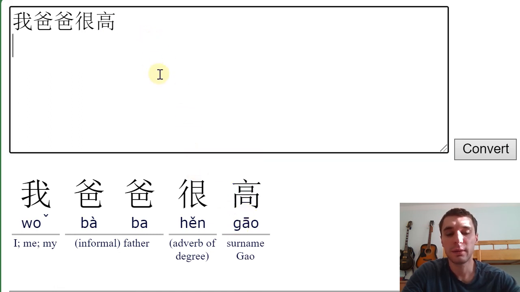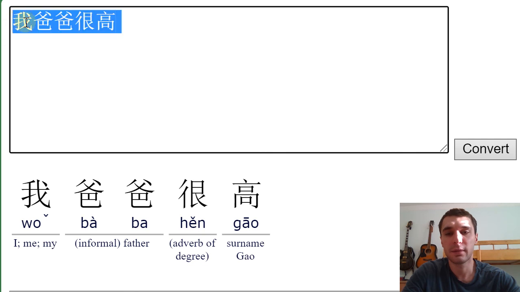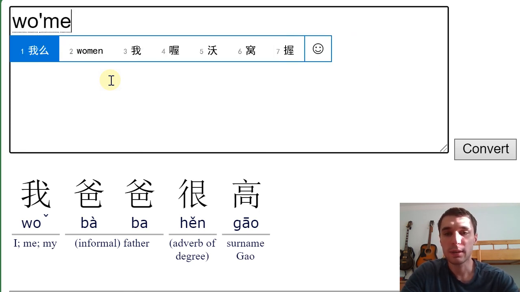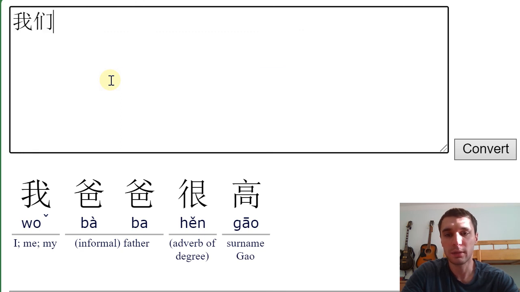What else? My car, let's say not my, let's say our. Our car is fast. Let's say like this. How to say our? I know that we translate like 我们, right? 我们. Then I want to say our.